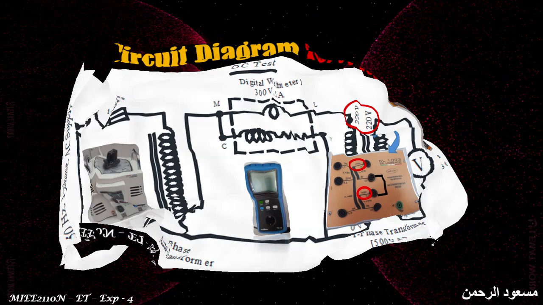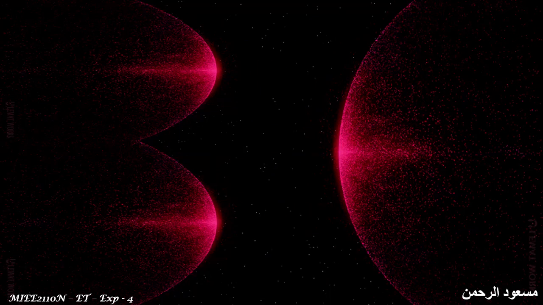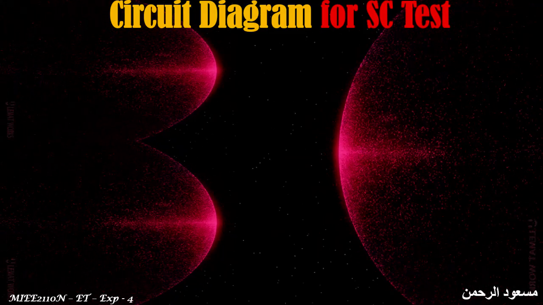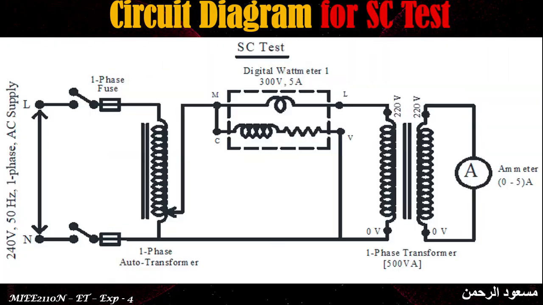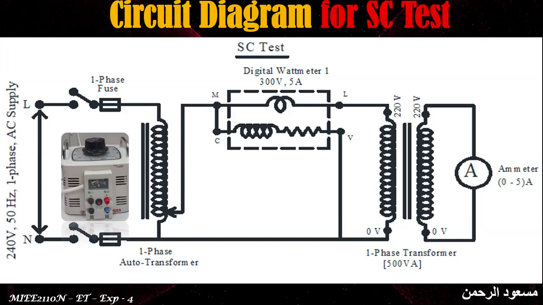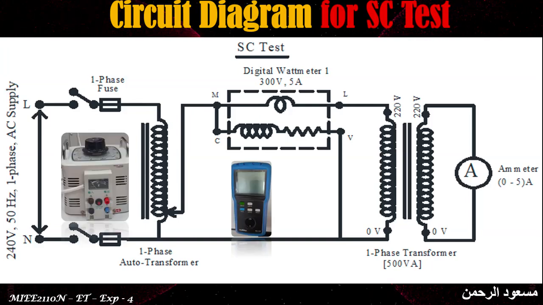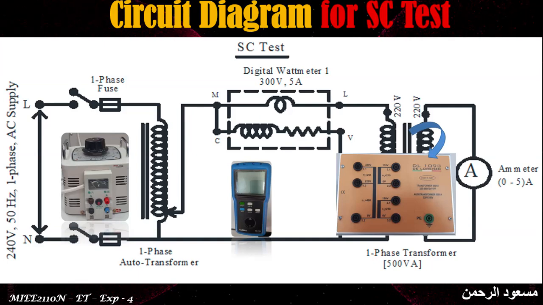Now we will get into the circuit diagram of the short circuit test. For the short circuit test we use the same equipment: auto transformer, a digital wattmeter, and of course the transformer to be tested, on which we are going to do the SC test.